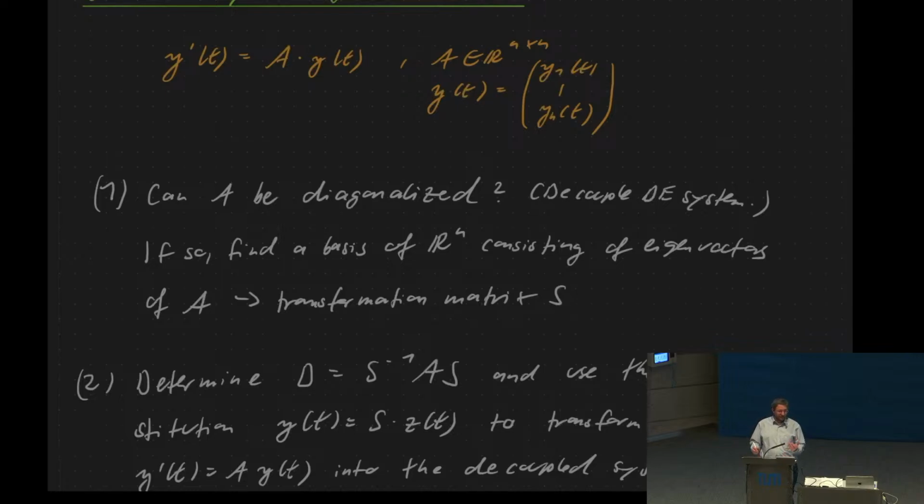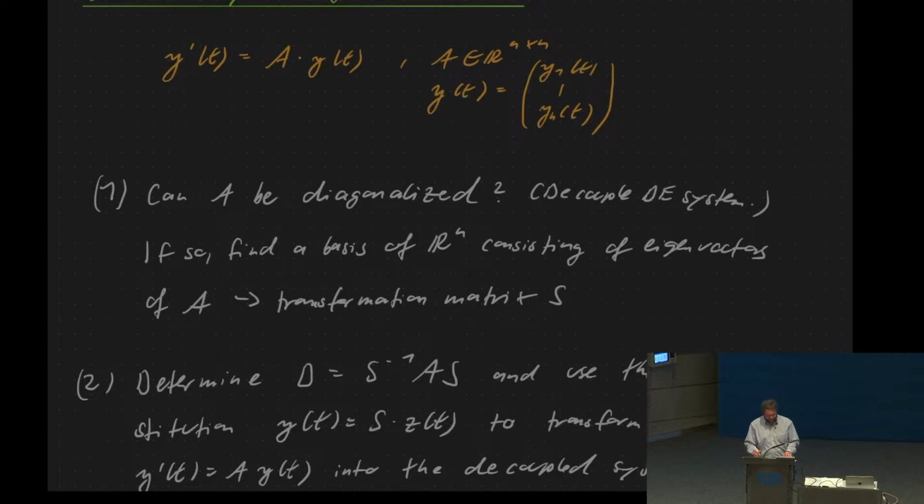To solve that, we first try to diagonalize the matrix A. The idea is to decouple the system, so that instead of n tightly coupled differential equations that all include all of the functions, we just have one differential equation that includes just one of those functions. We can solve those individually and then undo the transformation, put it all back together.